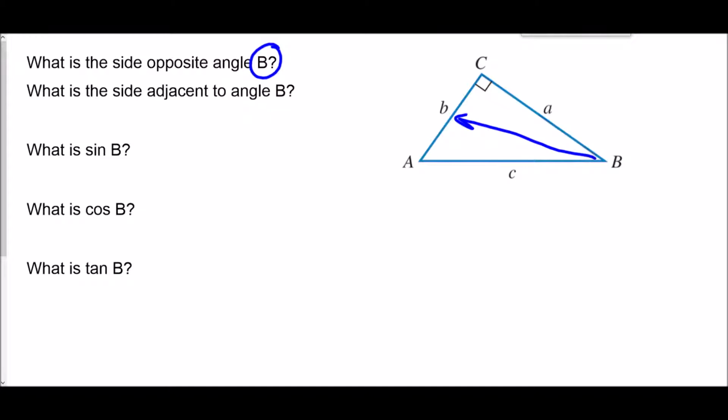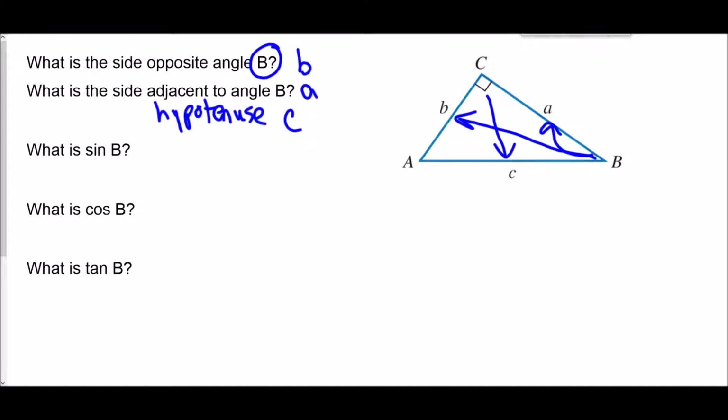Opposite angle B is side B. Adjacent to angle B is going to be A. And I didn't write it in here, but the hypotenuse is going to be C. And the hypotenuse, again, is always opposite the right angle.